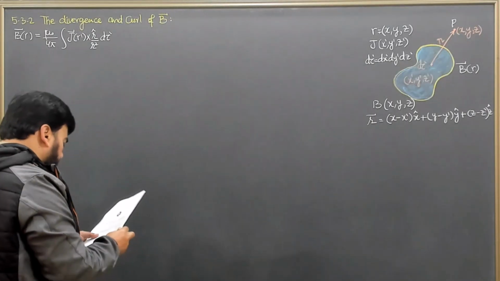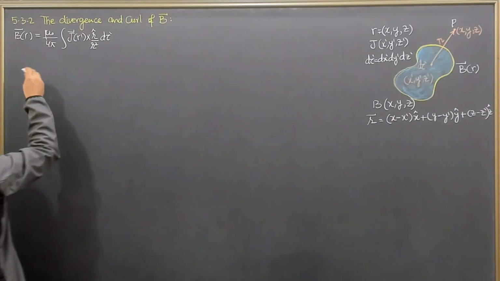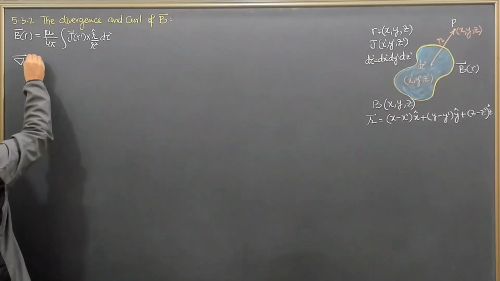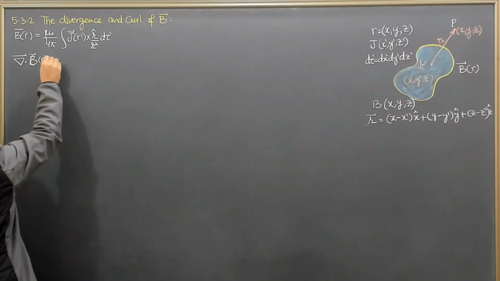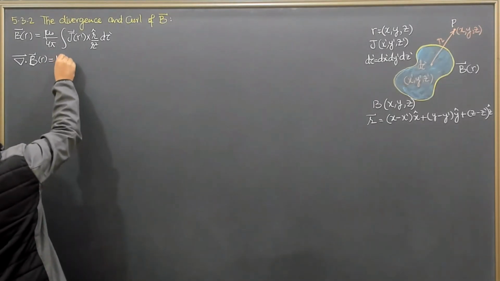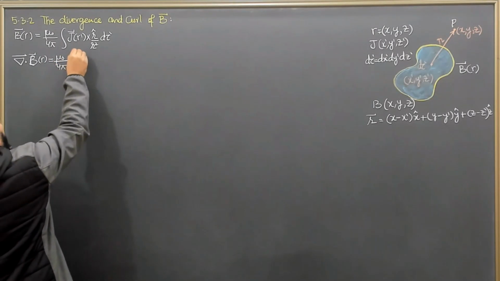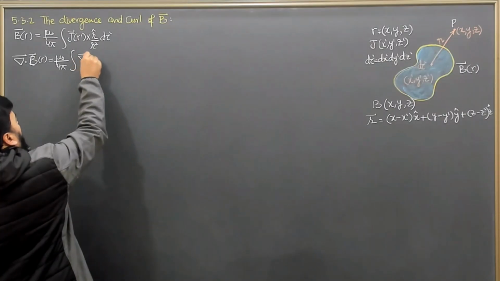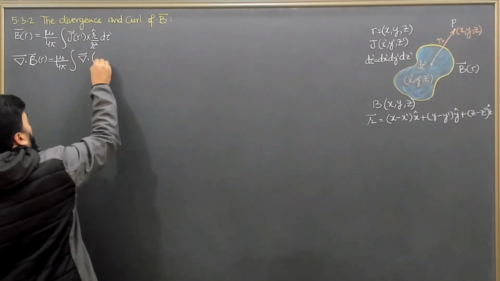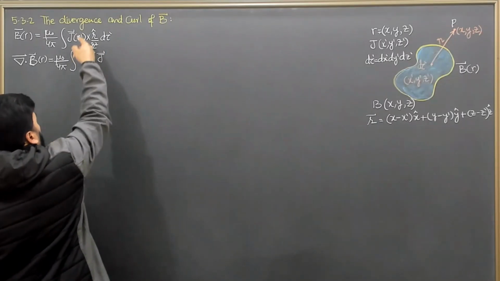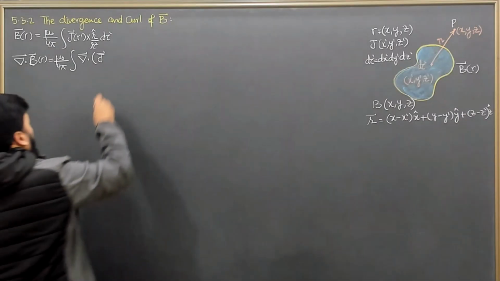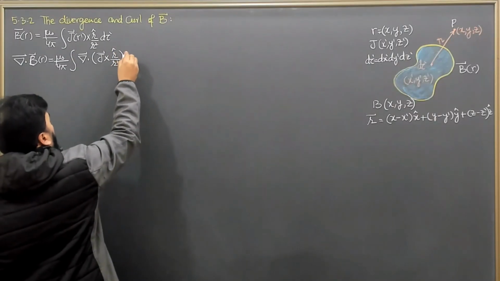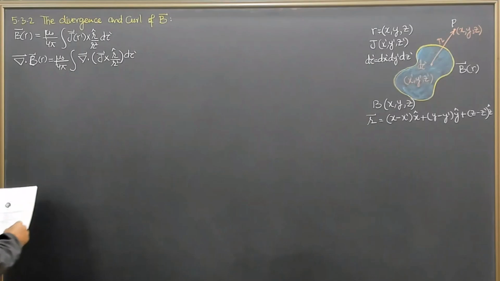And now we will apply divergence on this. So the divergence of B of r is, we will write here, mu naught over 4 pi, and then the divergence of J cross r unit vector over r squared, d tau prime here.